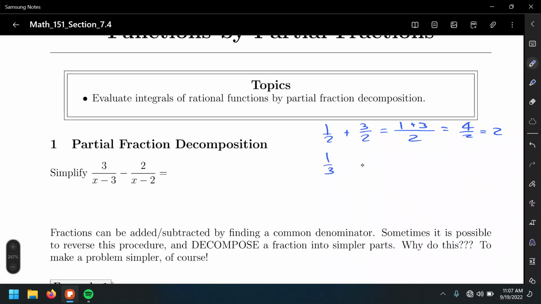But in the case 1/3 plus 1/2, we cannot just add the fractions together like this, because in this case we have different denominators, and in the previous example we had the same denominator. So whenever we have the same denominator, do the indicated operation with the numerators, but before doing that, make sure to have the same denominator whenever you have different denominators, and find an LCD.